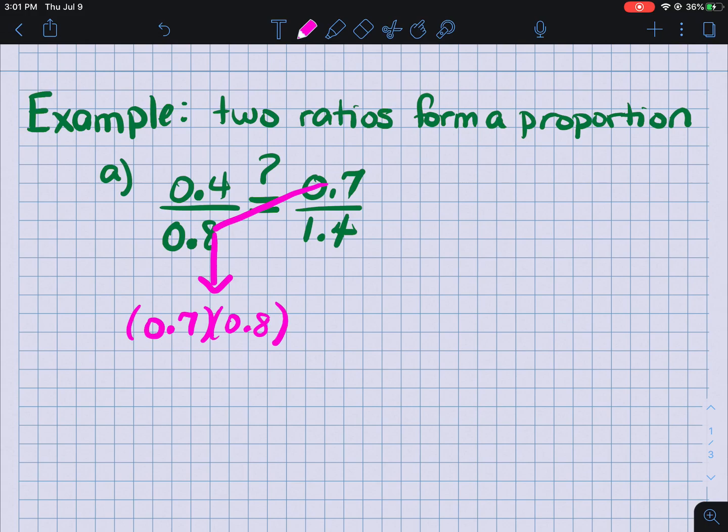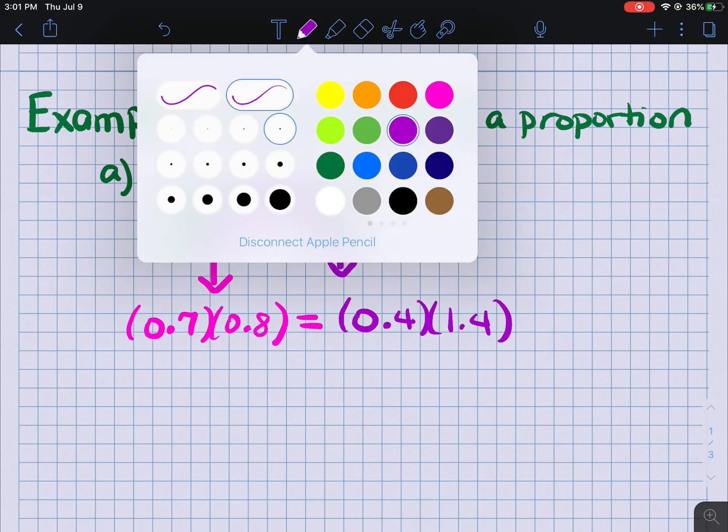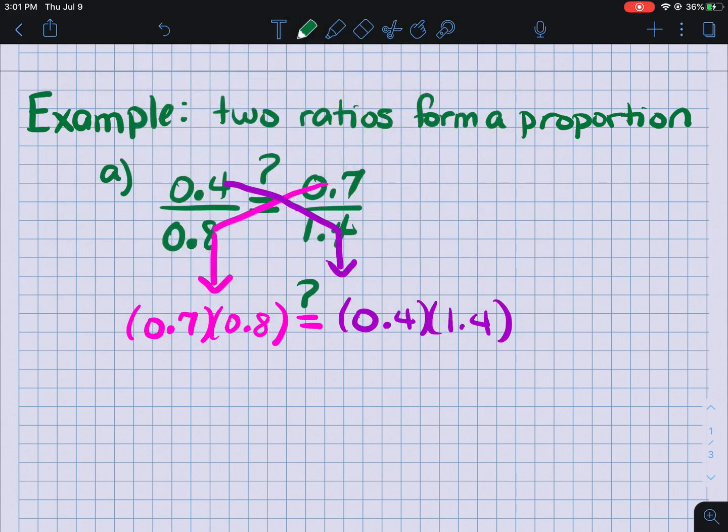And the reason I'm using parentheses is because of the decimals. I don't want to get confused with decimals and multiplication symbols. And remember, we don't use an X anymore to show multiplication. We're now in algebra. Top times the bottom of the other side. So 0.4 times 1.4.